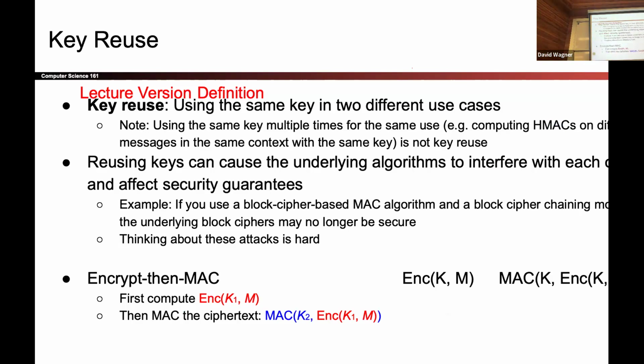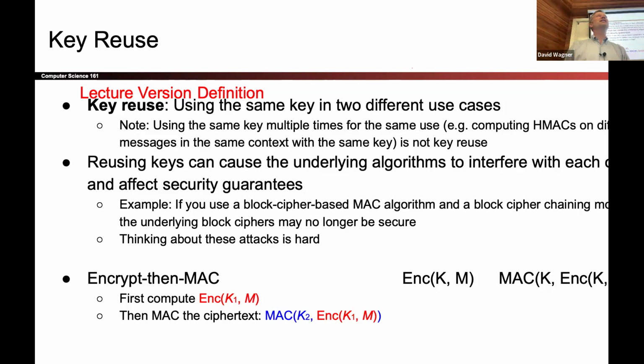If you use a separate key for every purpose, a separate key for every algorithm, you're golden, you're going to be happy. And if you use the same key for multiple algorithms or multiple purposes, sometimes they can cause some weird obscure interference with each other that is hard to think about. So I don't like to think hard. If you avoid key reuse, you don't have to think hard.